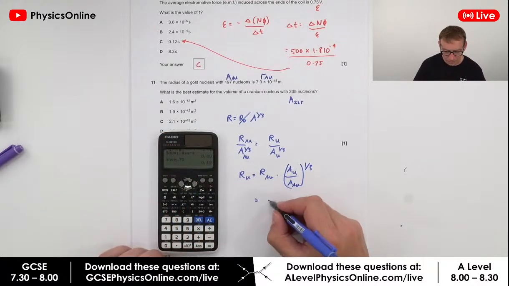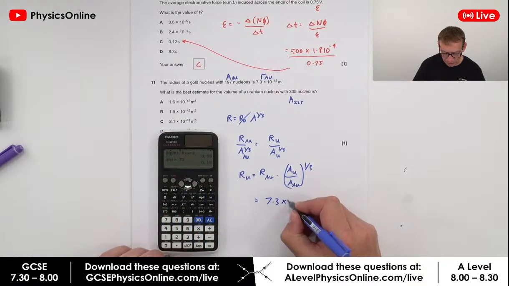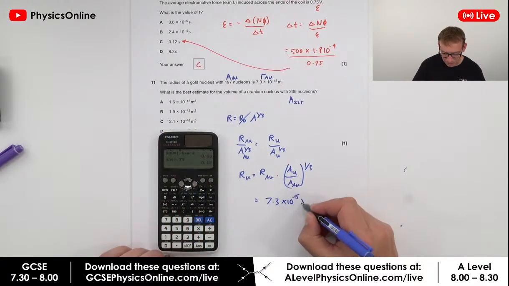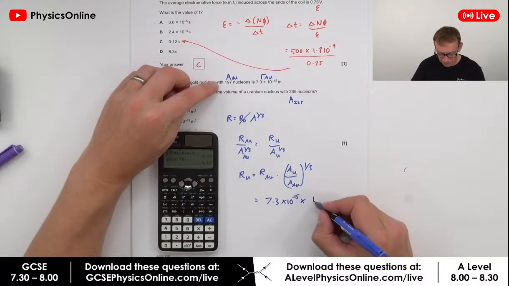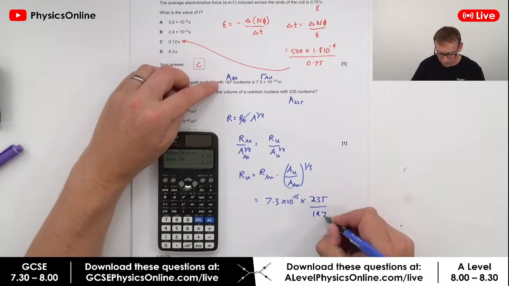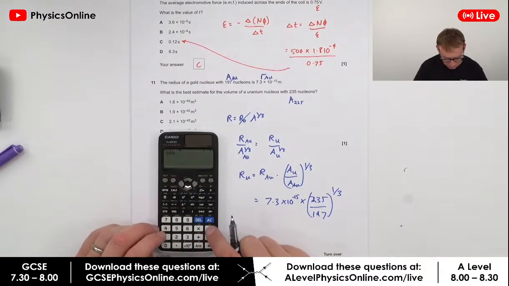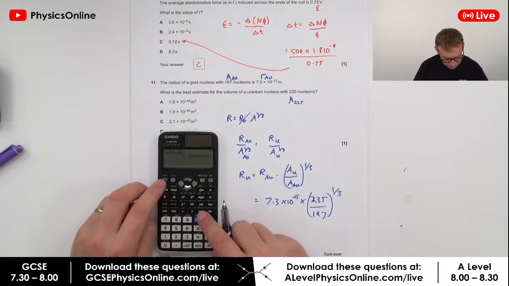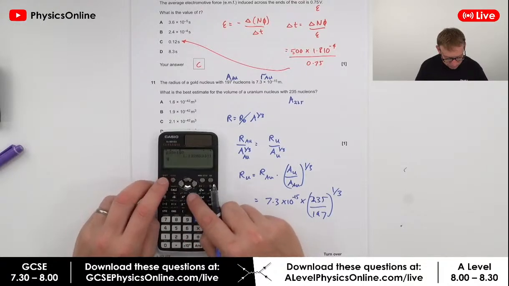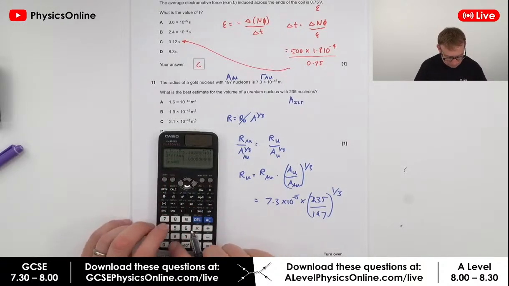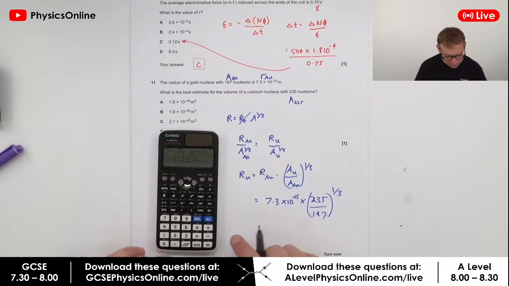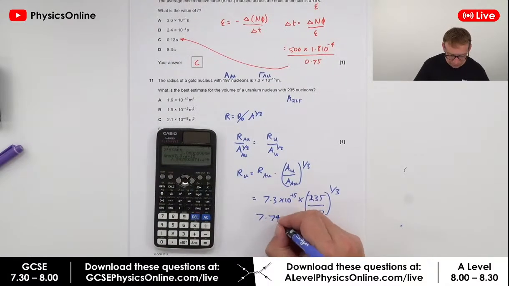So that's just going to be equal to 7.3 times 10 to the minus 15 times 235 over 197 all to the power of a third. And that means the radius is equal to 7.74 times 10 to the minus 15 meters.